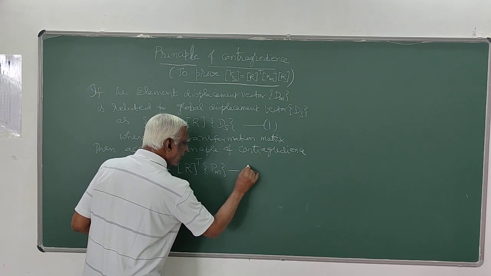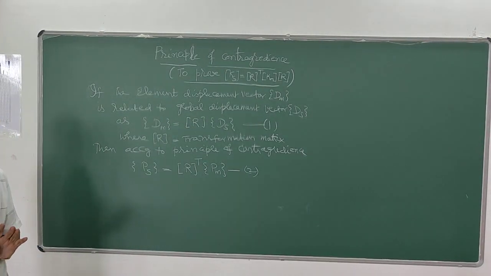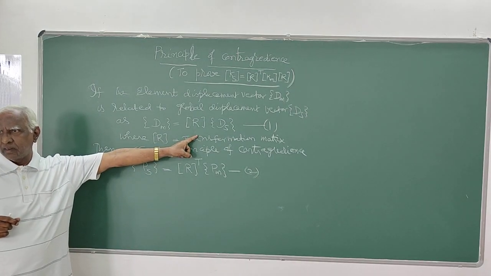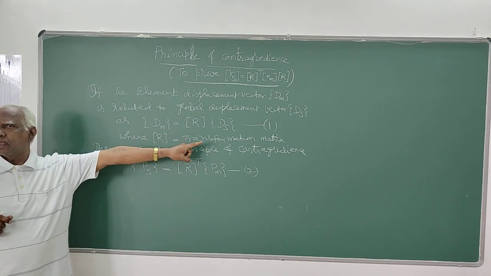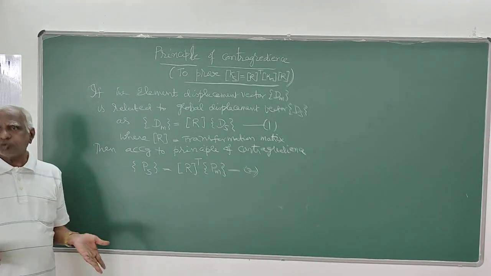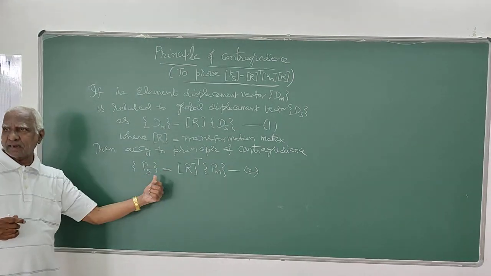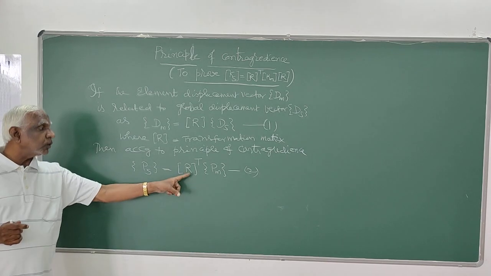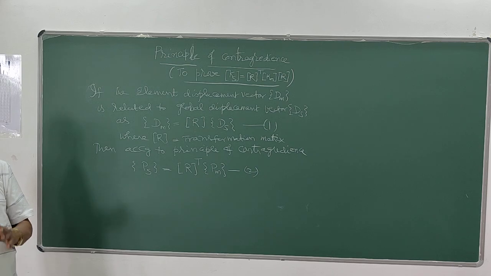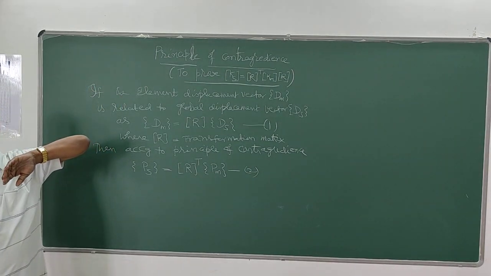This is what the principle states. It is a very simple principle. Suppose you have a transformation matrix R which relates the global and local displacements, then you can relate the forces in local and global in reverse pattern through the transpose of the same transformation matrix. That principle we call the principle of contragradients.